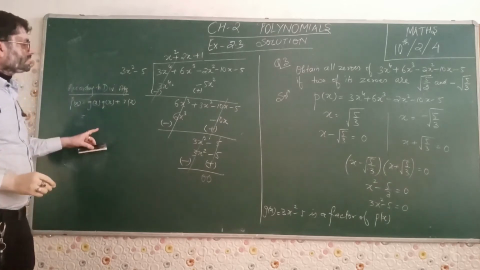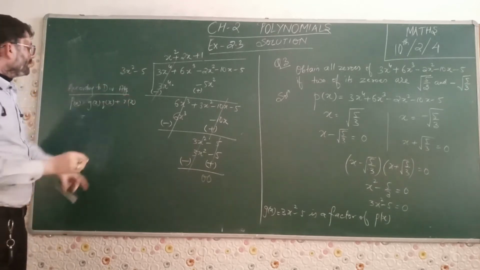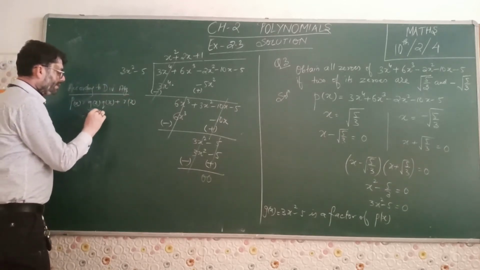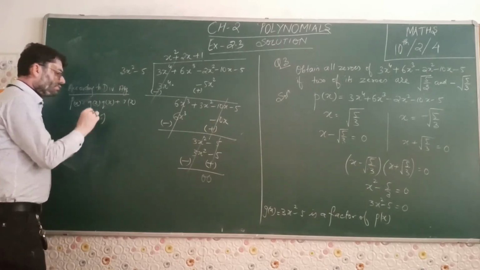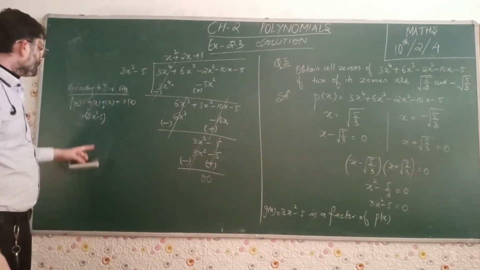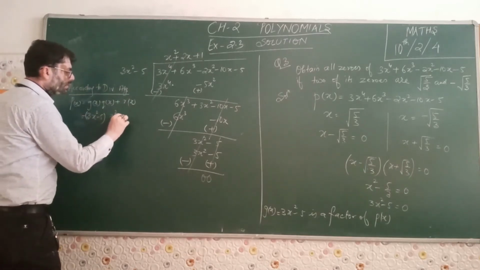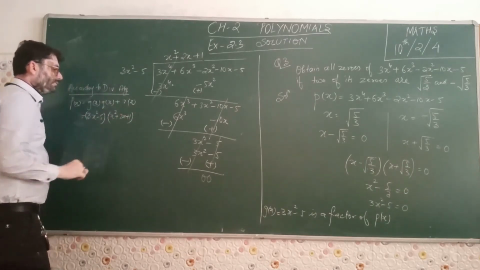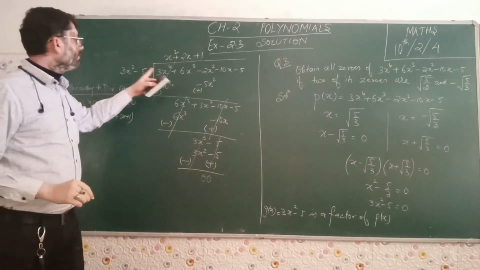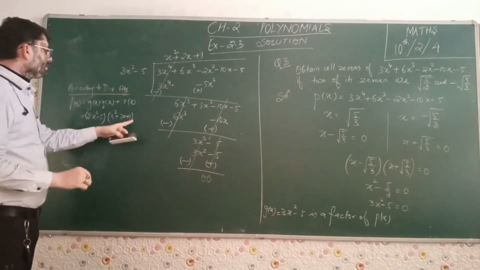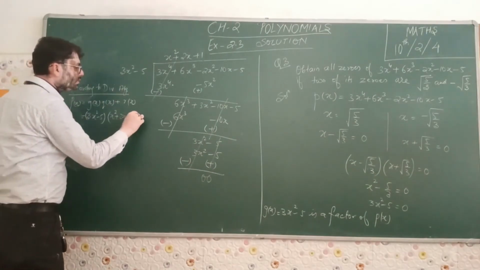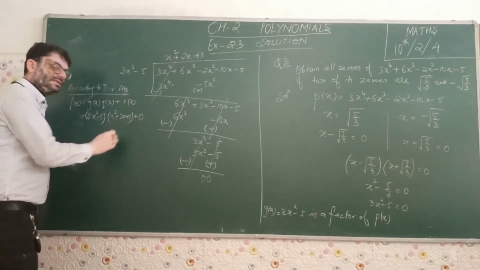The g of x was the divisor, that is 3x squared minus 5, which we have got from the two zeros that were given in the question. And q of x is x squared plus 2x plus 1, which we got by dividing p of x by g of x, and plus remainder, the remainder is 0, and actually this is not required to write here.